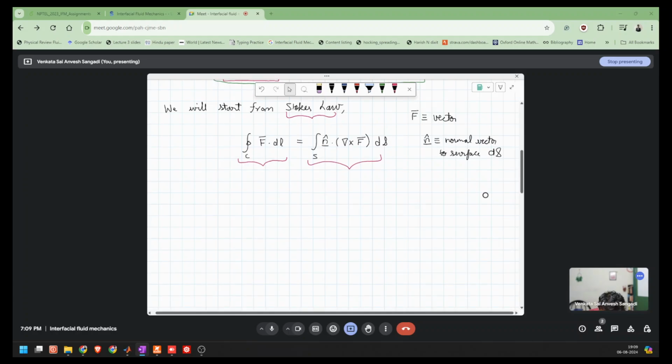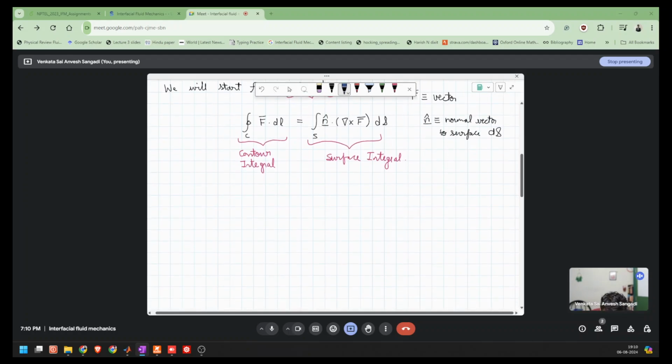I'll start off. So first I'll just write down the relation to begin our derivation. We start off from a fairly separate starting point, but as we go along our analysis, we'll see how we use that later to substitute surface tension.